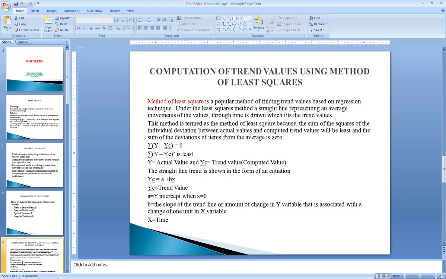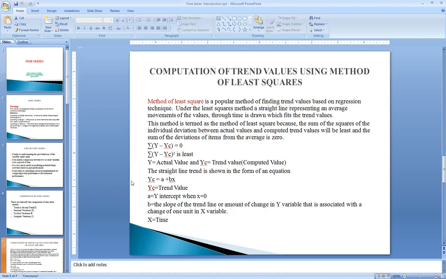Under this method, a straight line representing the average movement of the values is drawn which fits the trend values. It is called least squares because the sum of the squares of the individual deviations between actual values and computed values is the least.